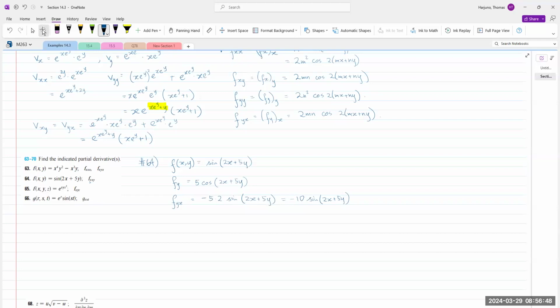Let me just do it here, easier to see. So the next one, the partial with respect to y, then y, and then x. That will be negative 50 cosine of 2x plus 5y. Okay, number 66.